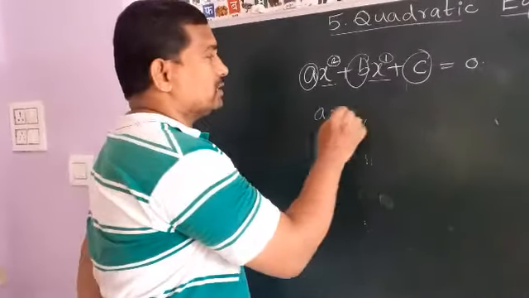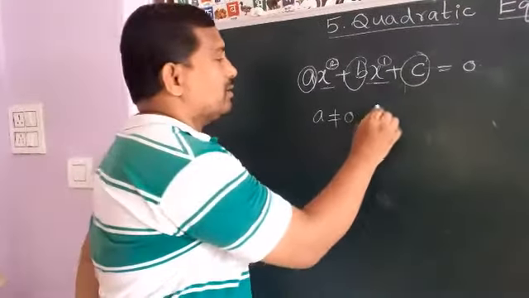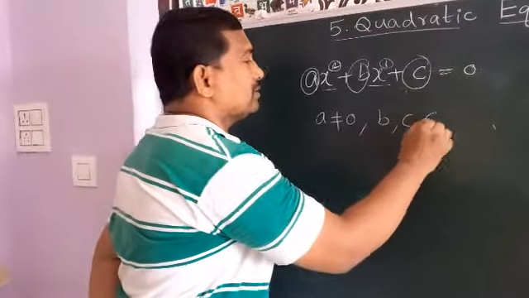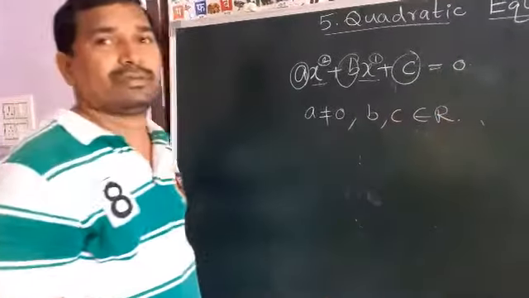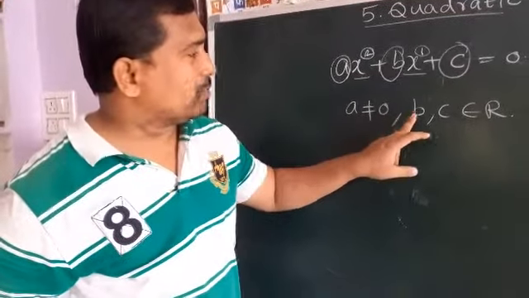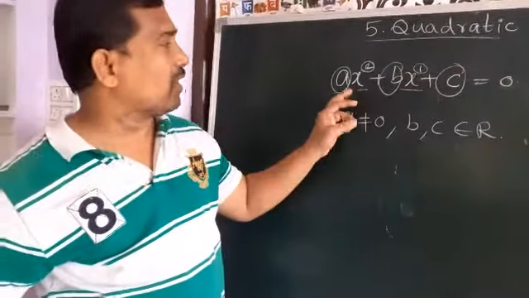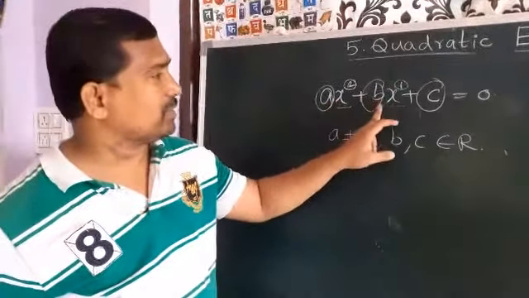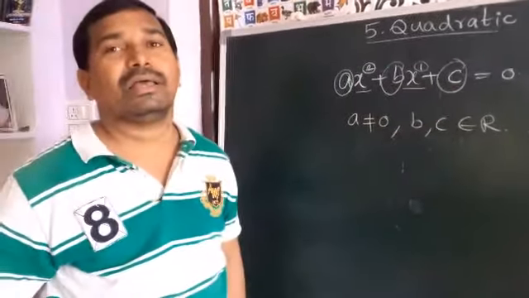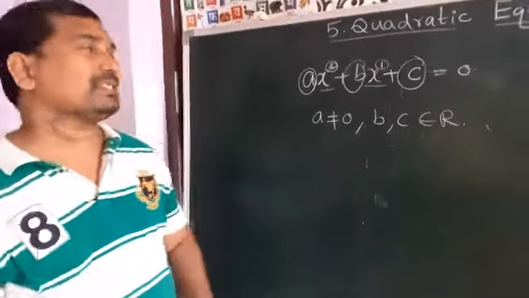That means a is a non-zero real number, and b, c are real numbers. When a not equal to 0 and b, c are real numbers, then the equation in the form ax square plus bx plus c equals 0 is called the standard form of quadratic equation. Let us see some examples.